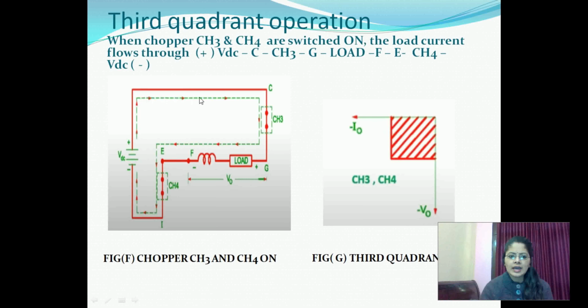The direction of the current is this. This is the opposite direction of the reference current. That's why the output current is negative here. And the polarity of the voltage across this load is also negative. Therefore, the output voltage is negative and the output current is negative. That's why this is the third quadrant operation.